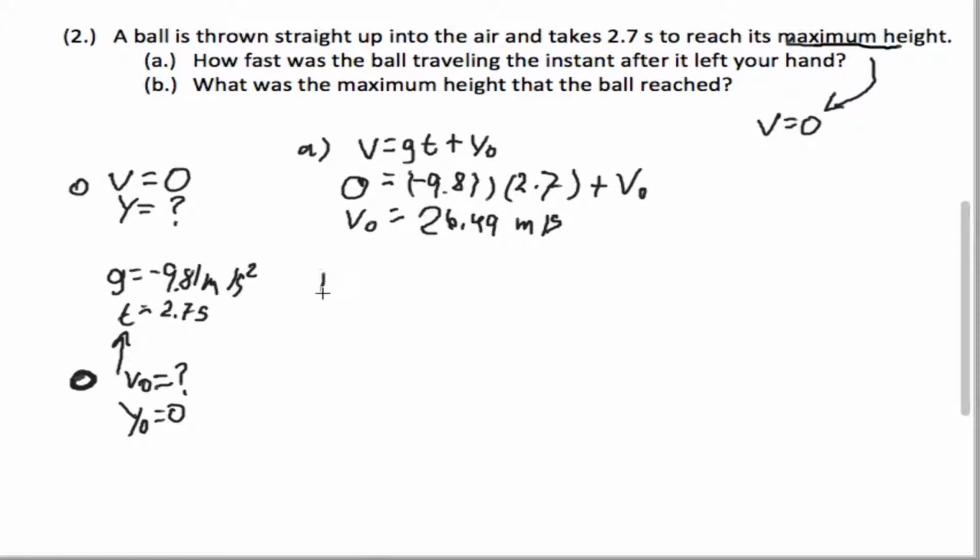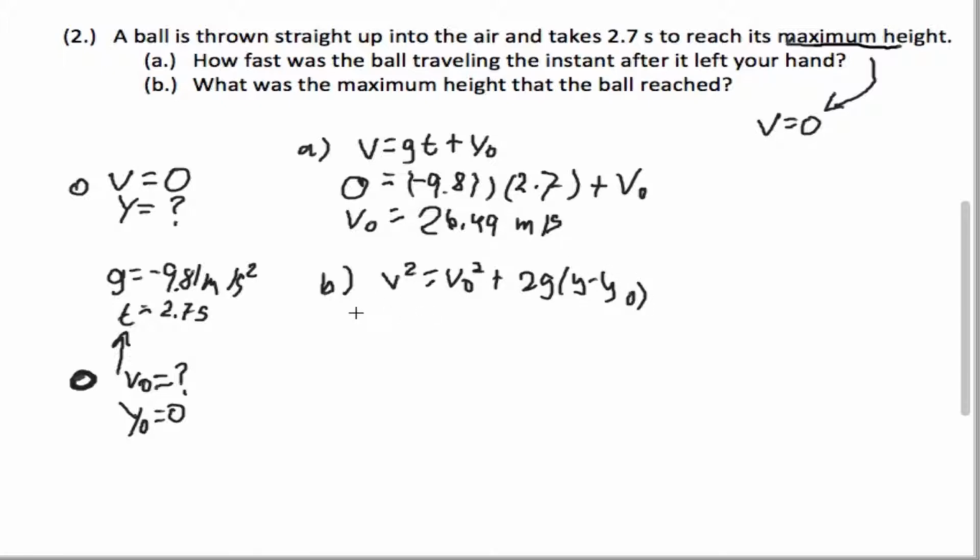Now, what is the maximum height that the ball reaches? We got several ways we can solve for this. I'm just going to go ahead and use the second formula: v squared equals v0 squared plus 2g times (y minus y0).